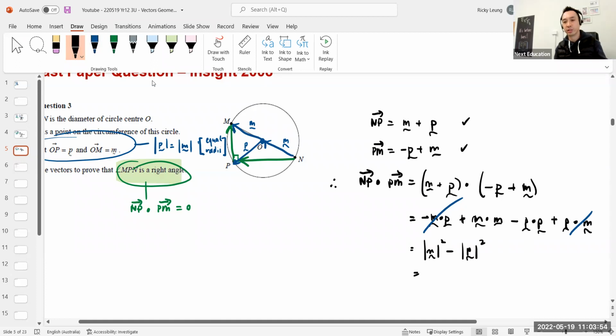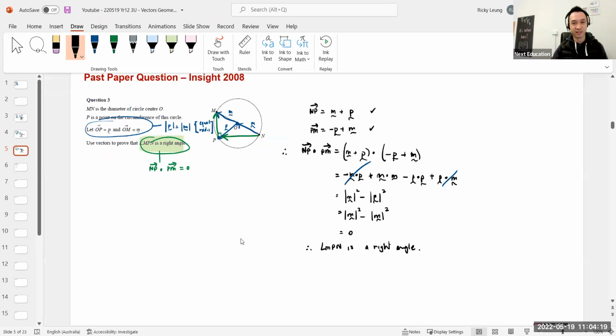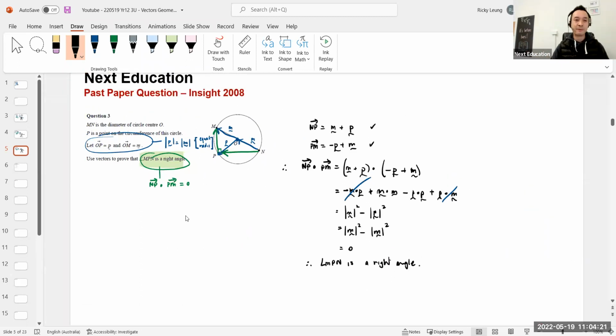Because the magnitudes are equal, I can say this is like m minus m, which is 0. Boom. Therefore, angle MPN is a right angle, guys. Nothing hard about that. Hopefully 3 in a row, all different types of diagrams, same proof. So get that into your system, please.